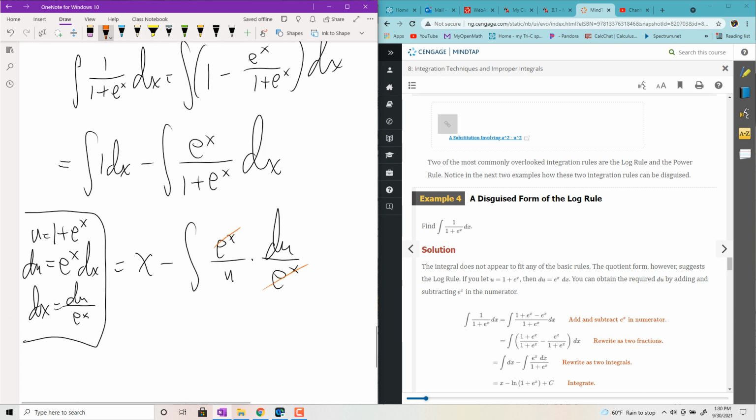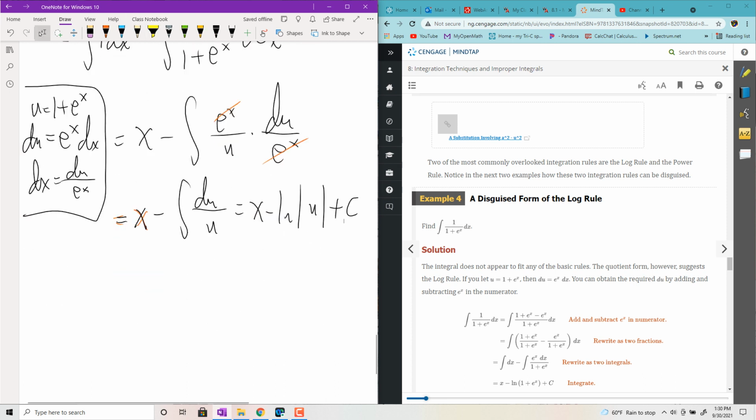Goodbye, right? So you have x minus the integral of du over u. That's the natural log integral. So x minus ln of the absolute value of u plus c. Back subbing, I get x minus ln absolute value of 1 plus e to the x plus c, and then you're done.